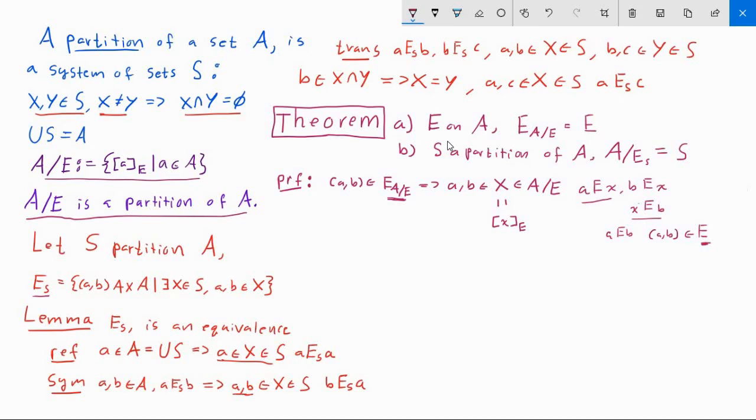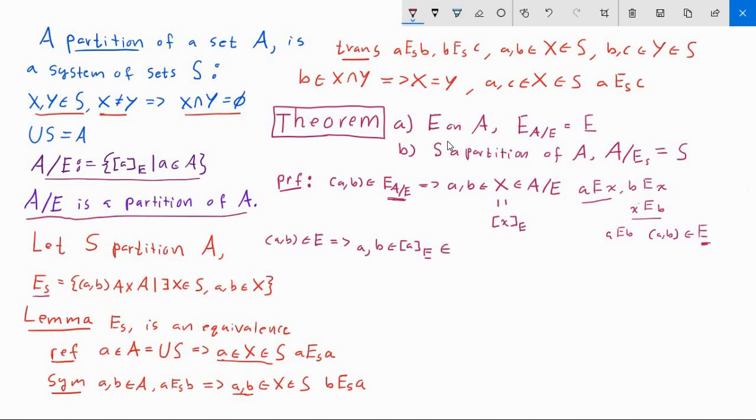To prove the converse direction, we now assume that we have some ordered pair (a, b) belonging to the set E. Well, this means that a is related to b, in particular, that b belongs to the equivalence class of a under E, and we know that a itself must belong to this equivalence class.